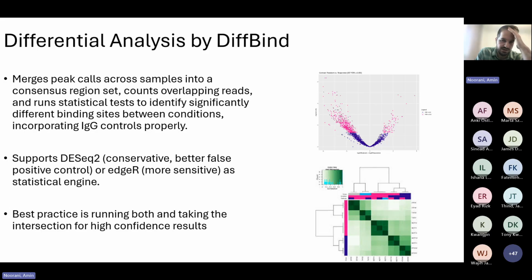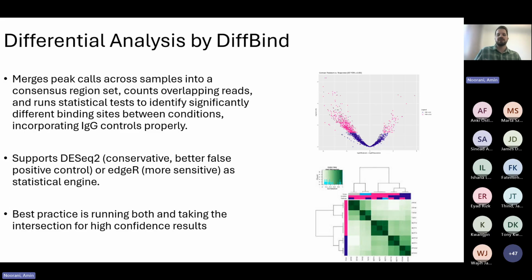DiffBind handles that. Initially, it was built for ChIP-seq, but people use it for ATAC-seq and CUT&RUN as well. It merges all the peaks across all the samples into a common set of regions, counts the reads in each, and runs a statistical test to find the differences.